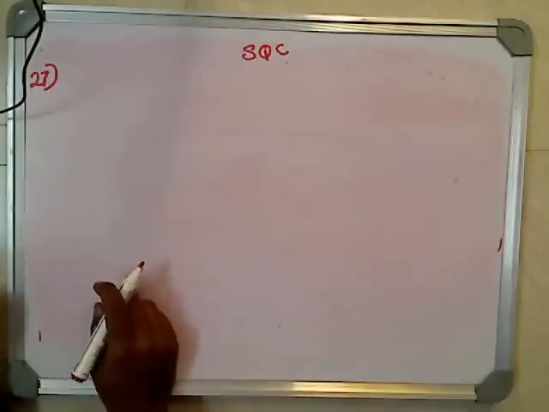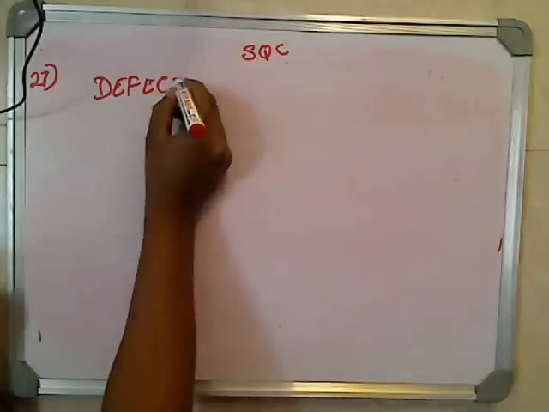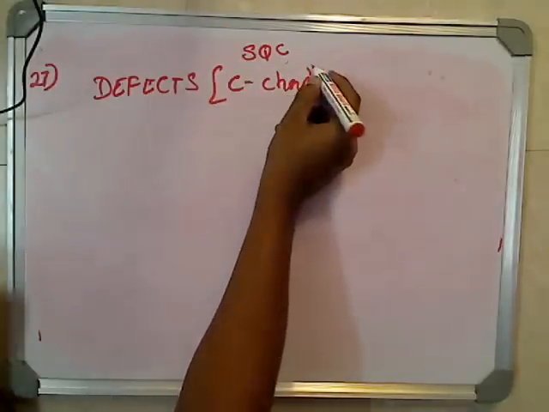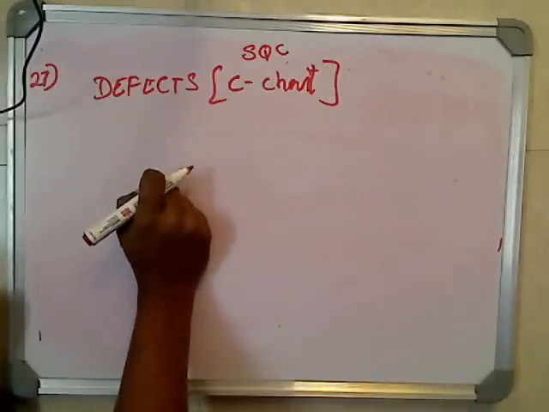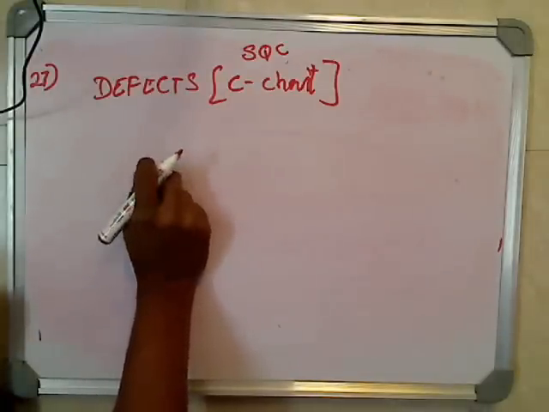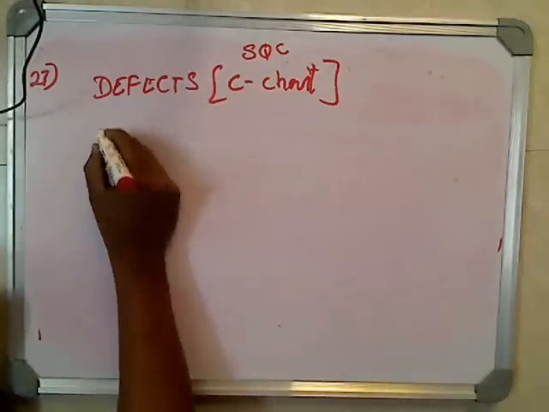In this case, they mentioned defects. Defects here automatically means you use a C chart formula. Now in this case, the mean is not given. That is, the Poisson distribution value is not given. So because it's not given, I end up using this formula.